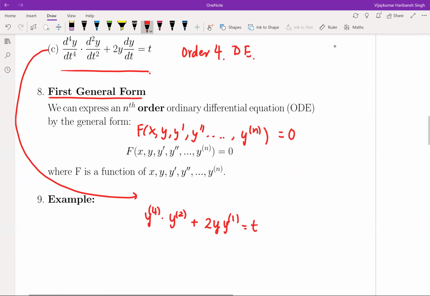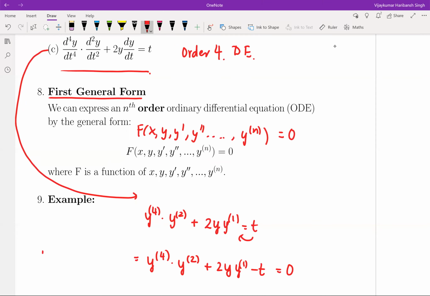And in general form, what you can do is bring this on the other side and bring that here. You get y plus 2y y prime minus t equals 0.